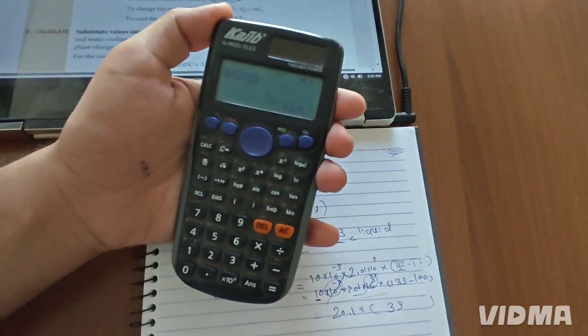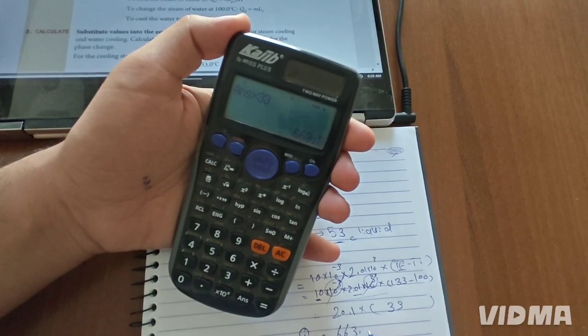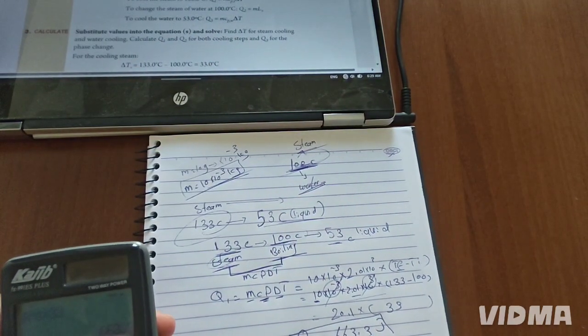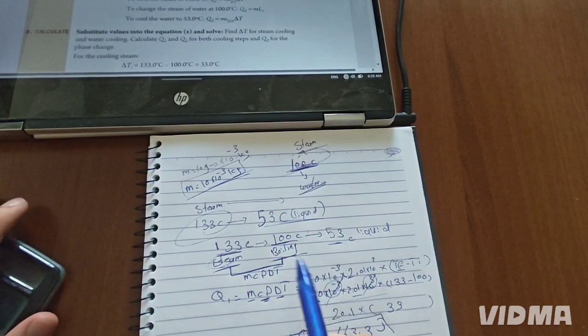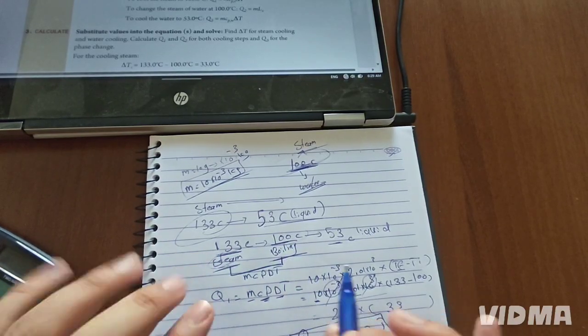The answer of the first energy will be 663.3 joule. The unit of energy is joule. So this is the first energy we have done, converting 133 Celsius to 100 Celsius.